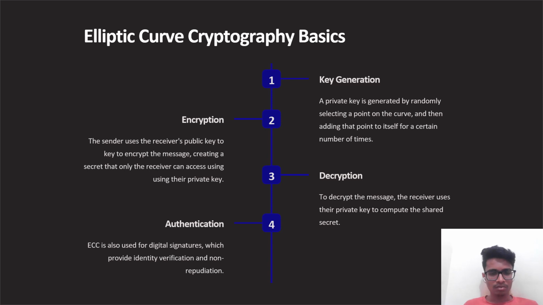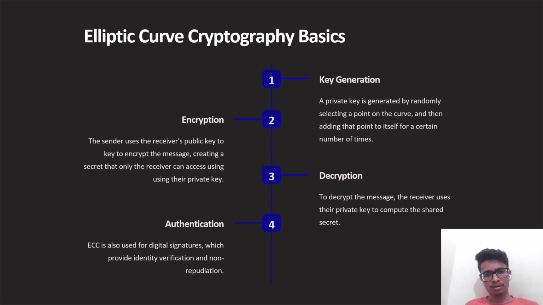Encryption is carried out after the key generation. The sender uses the receiver's public key to encrypt the message, creating a secret message that only the receiver can access using their private key. For decryption, the receiver needs to use the private key to compute the shared secret.